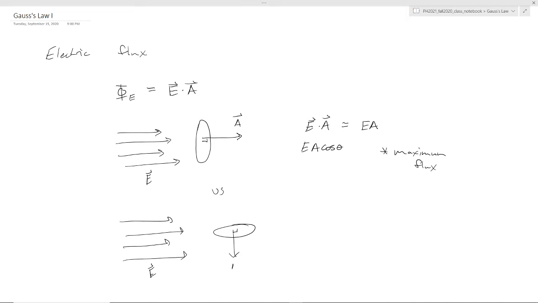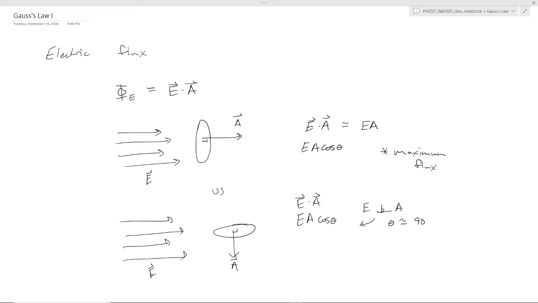Now in this situation, EA cosine theta, i.e. E dot A, is going to be very small because E is more or less perpendicular to A. So theta is around 90 degrees.